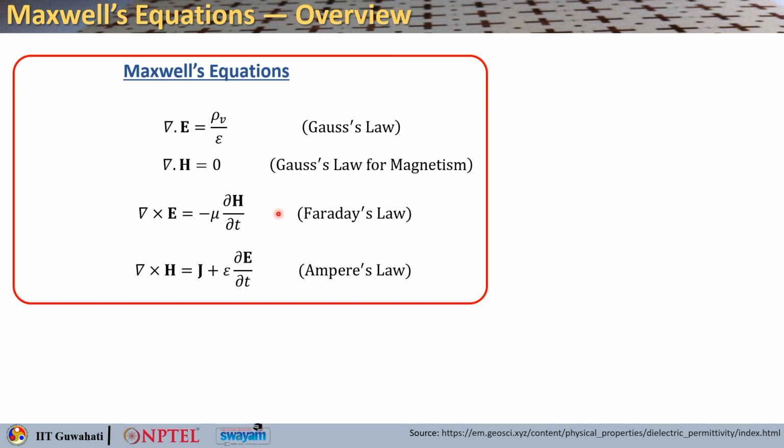The third equation is Faraday's law, which tells you that a changing magnetic field will produce a circulating current. And the fourth one is called Ampere-Maxwell's law, which tells you that the generation of a magnetic field can be done in 2 ways, either through electric current, or through a changing electric field.